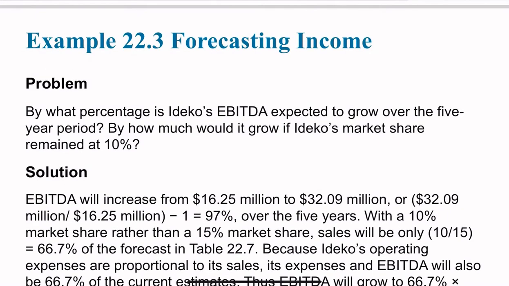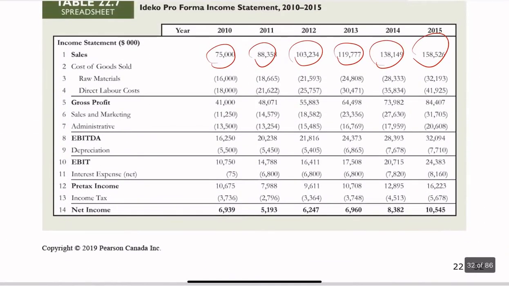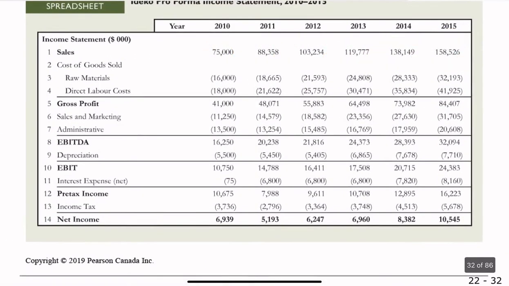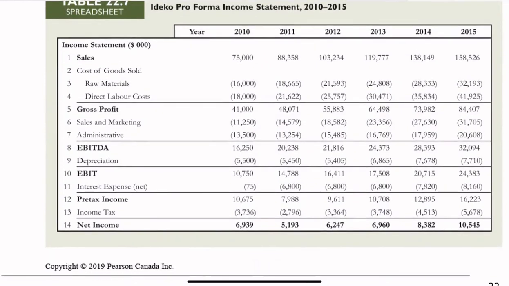So first, we're asked to calculate the 5-year growth rate for IDECO's EBITDA. And you can see that this is a pretty simple question, because here we have this pro forma income statement. Then you could read EBITDA directly.